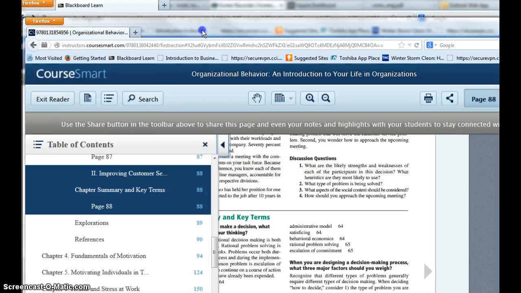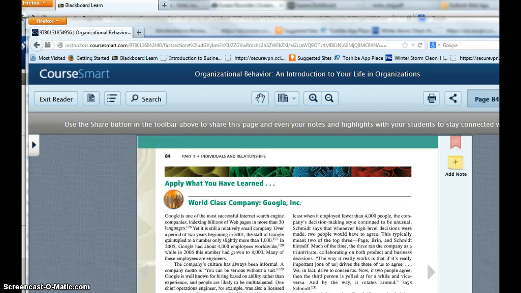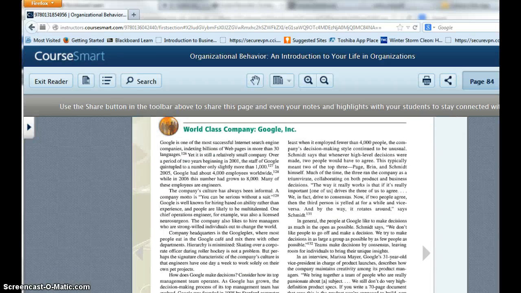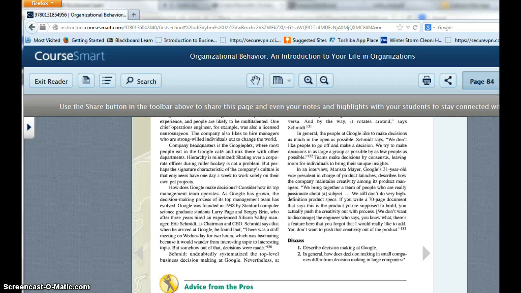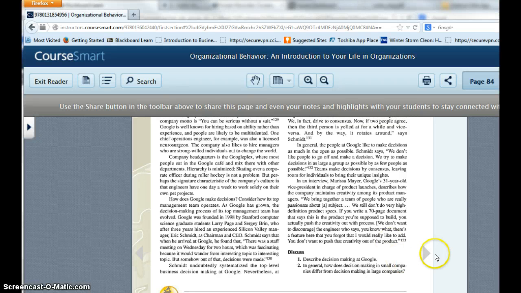And so you're going to see an article here on page 84. Let me see if I can get there, page 84. You're going to see this article here about Google, and it's going to talk to you in plain language about how they make decisions at Google and what kind of processes they go through.